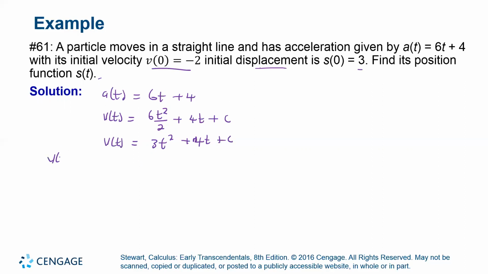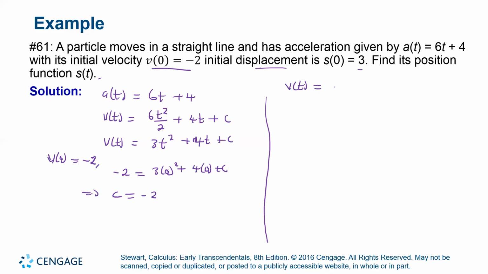It says that v of 0 is equal to -2. So that means -2 is equal to, when t is equal to 0, 3 times 0 squared plus 4 times 0 plus c. That is, c is equal to -2. So the velocity at time t is given by 3t squared plus 4t minus 2.